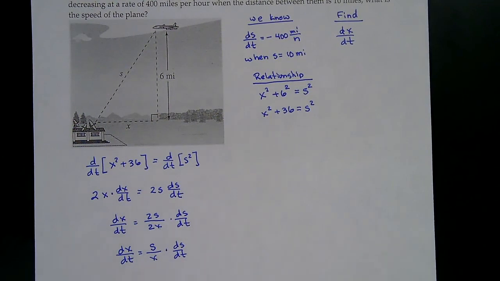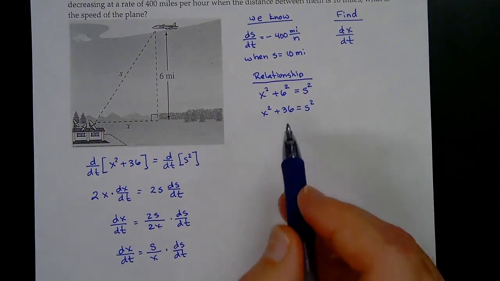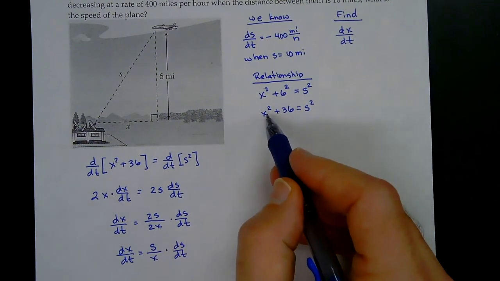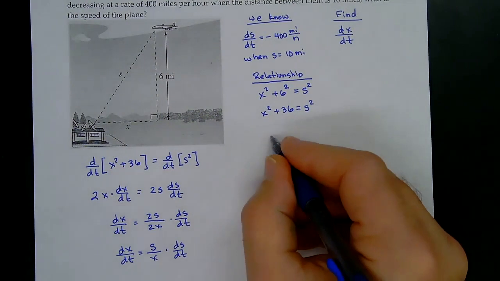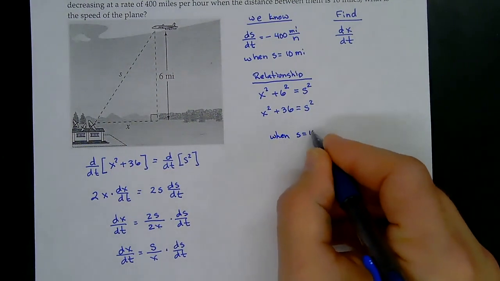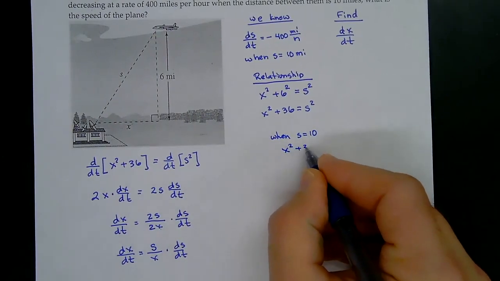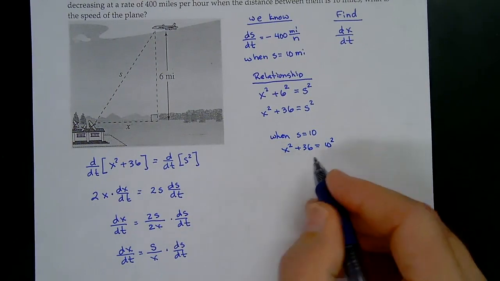But we have a relationship that deals with x and s. So by knowing this s, I can also use this relationship to figure out the x, okay? So when s equals 10, we know that x squared plus 36 has to equal 10 squared, and 10 squared is 100.